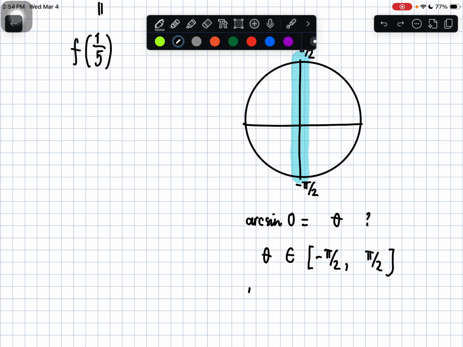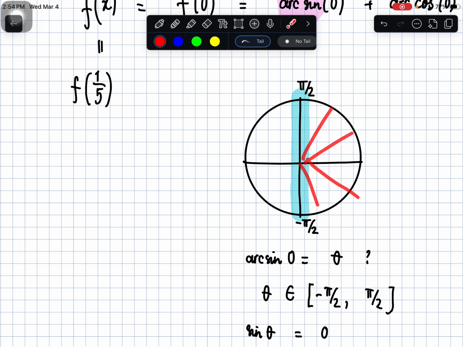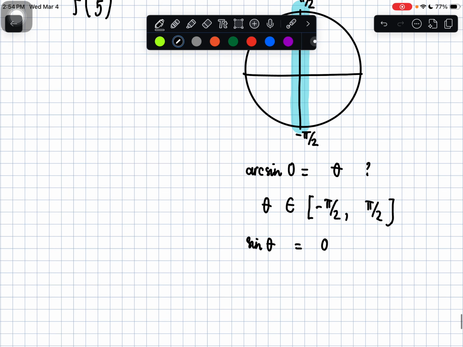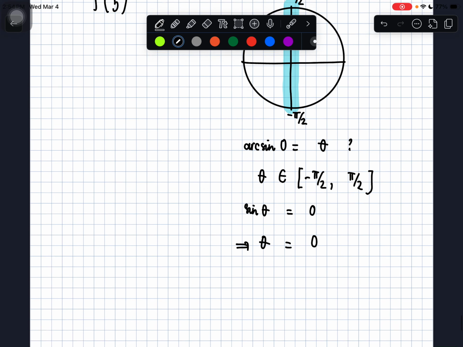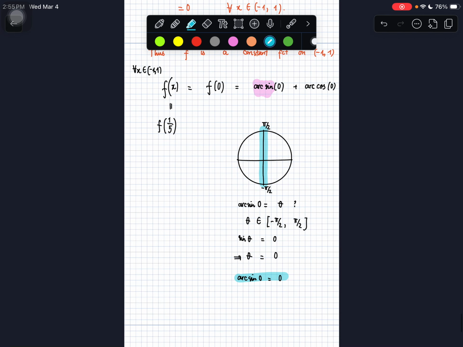So sine theta equals 0. Theta between here, sine equals 0. So there's one point right here. So theta equals 0. So arcsin of 0 is 0. That's one thing we compute.